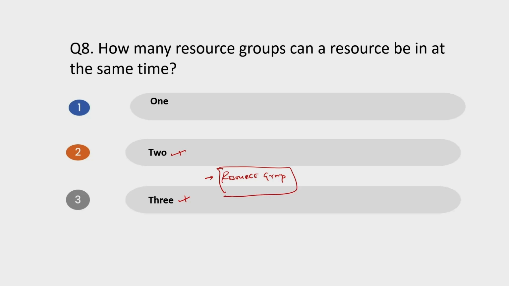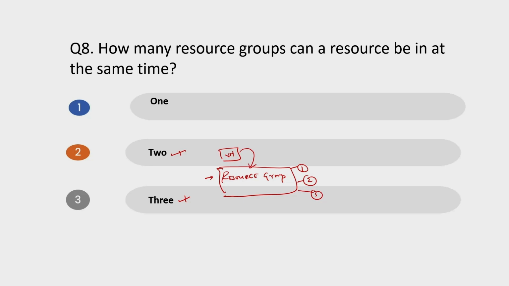You can create one, you can create another resource group. You can also create another resource group. But whenever you deploy any resources, it should always be placed into a single resource group.